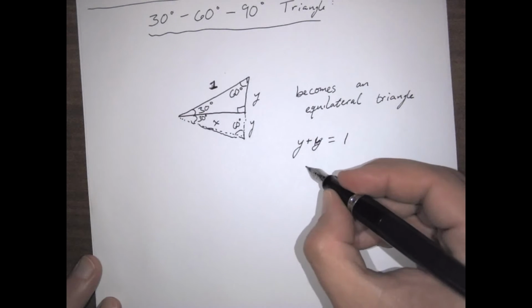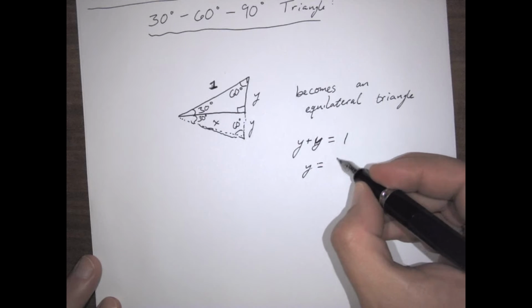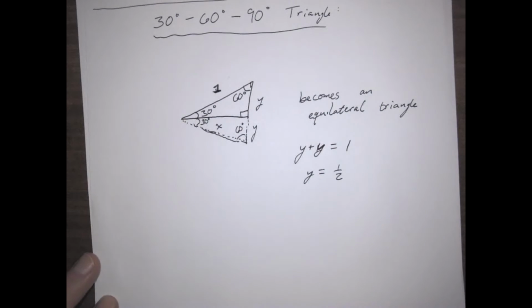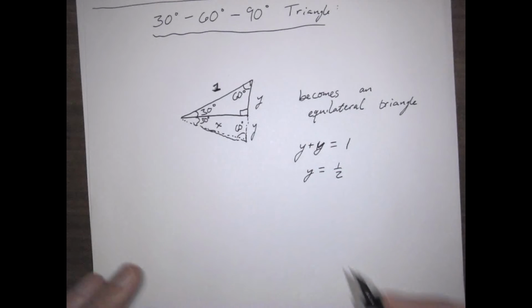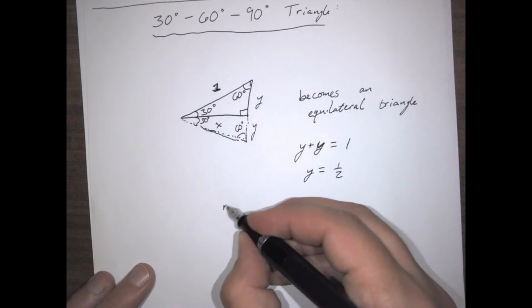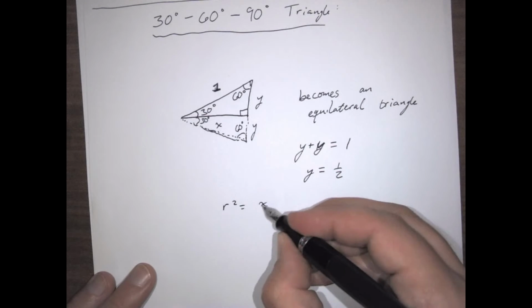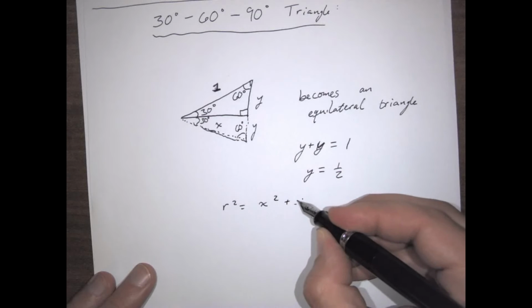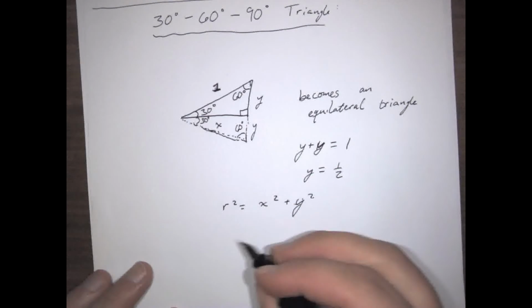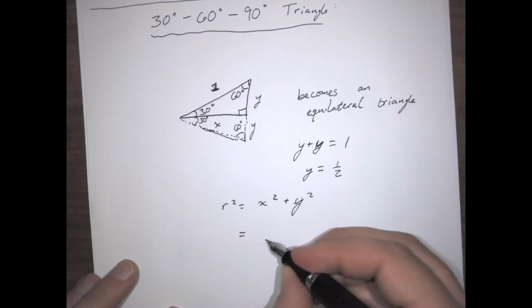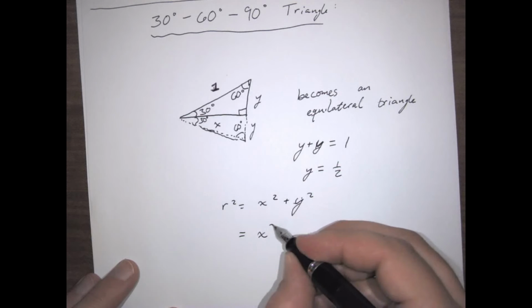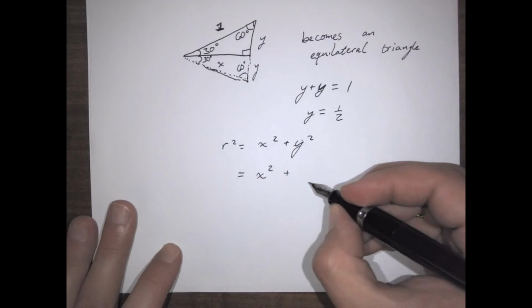So if y plus y equals 1, then that means y equals 1/2. Interesting. But r squared still equals x squared plus y squared, which here would be mystery x squared still, plus 1/2 squared.